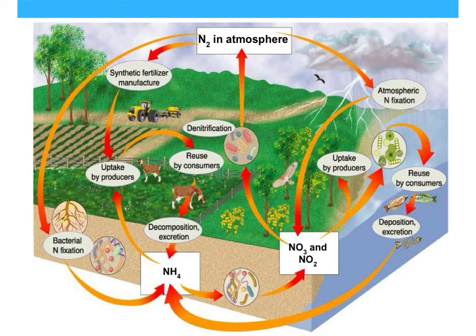Lightning strikes can convert the nitrogen gas to a usable form, such as NO3 and NO2. Plants take that up and use it, and organisms such as deer, us, any heterotrophs, that's how we get our nitrogen, by eating plants, because it's not in a usable form for us.